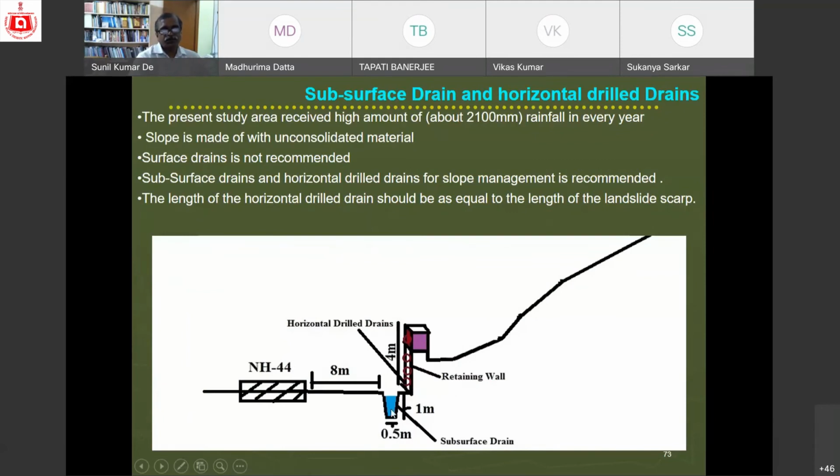After that, there should be a channel between the road, white space, and then at the bottom of the slope, just immediately after the retention wall, at least three vertical pore holes should be there, so that if small sediment or water comes, it can come down this stream and subsurface drainage and be carried down to the river.